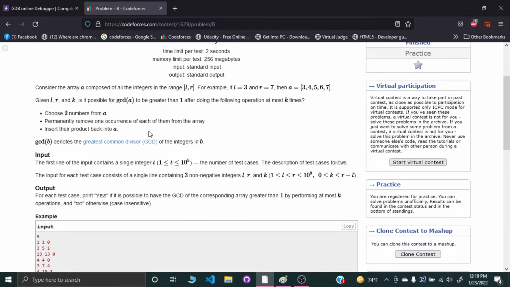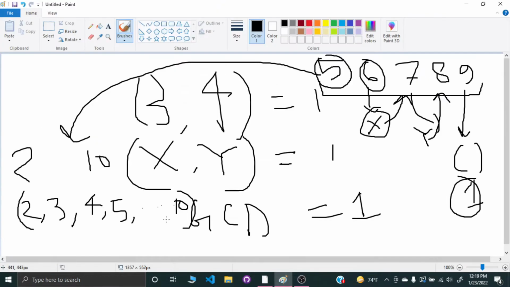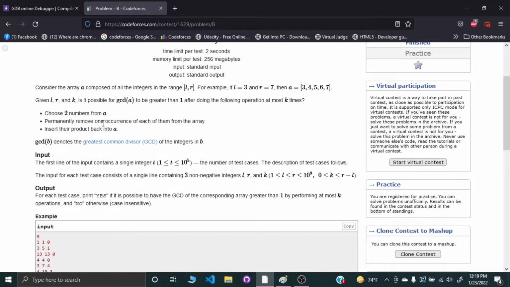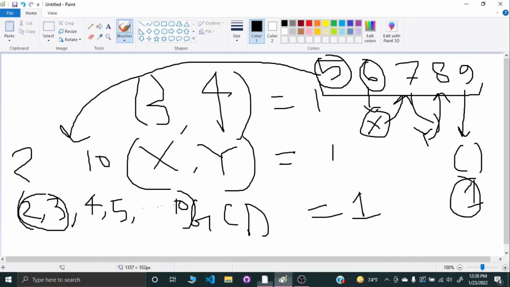There could be multiple occurrences of those elements, but you remove only one occurrence of each of these values. Let's say I want to remove 2 and 3. All of these tasks belong to just one operation. So for each operation, you're going to choose two numbers and remove one occurrence of each.